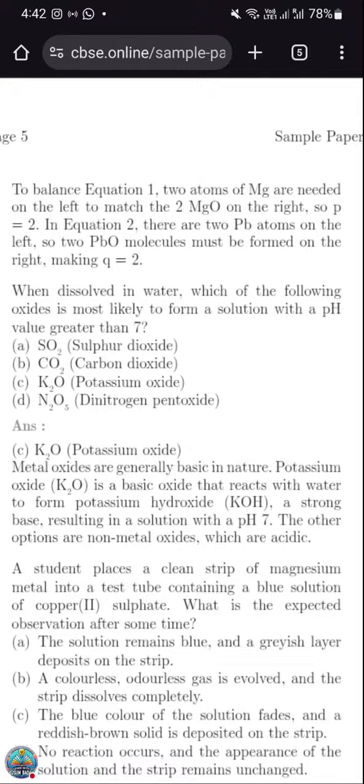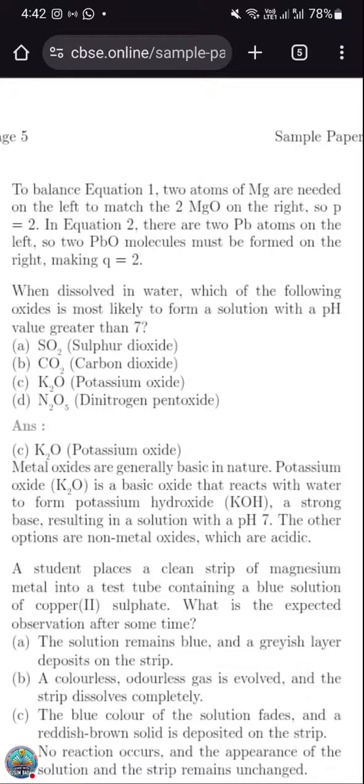Always non-metallic oxides are acidic oxide. So non-metallic oxides will form acid when dissolved in water. Metallic oxides will form base when they dissolve in water. K2O is the correct answer as it will form base by dissolving in water. So pH value will be greater than 7.